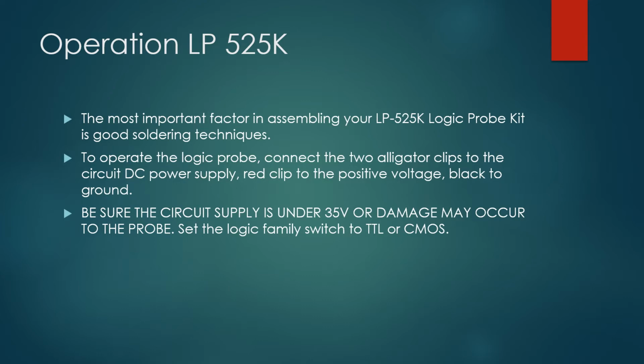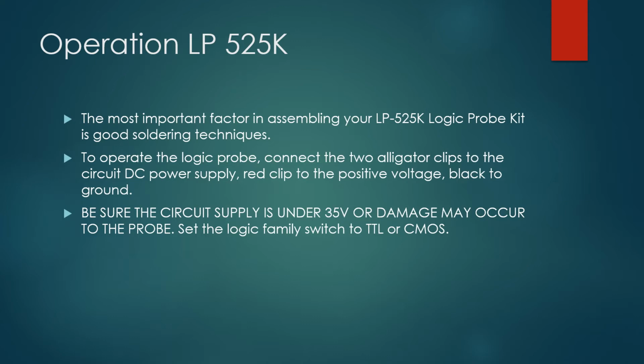Coming to the operation of the probe, the important factor in assembling the kit is good soldering technique. To operate the logic probe, connect the two alligator clips to the circuit's DC power supply, red clip to the positive voltage and black to the ground. Make sure the circuit supply is under 35 volts or it can damage the probe.